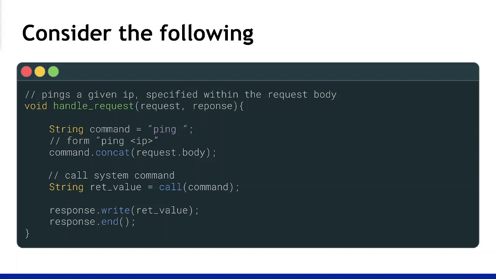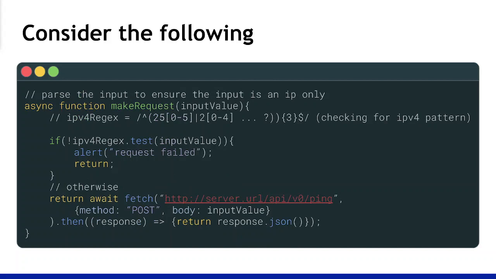However, if you do some sneaking around, you'd be able to find some additional JavaScript within this page. I don't remember if it's called make request specifically, but it's making sure that the input we're entering into the web page is an IPv4 address, which is essentially an IP standard that uses 32 bits.